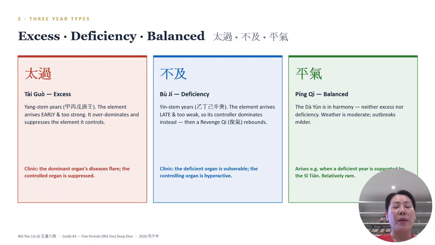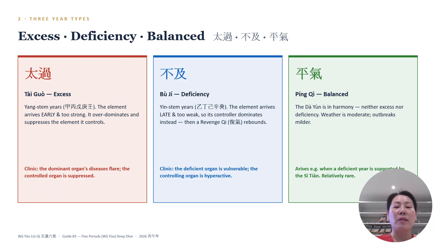On the right, Ping Qi, balanced. Here the year's energy is in harmony, neither too much nor too little. The weather is moderate and illness milder. It arises, for example, when a deficient year happens to be propped up by the Sitian, the heavenly qi.